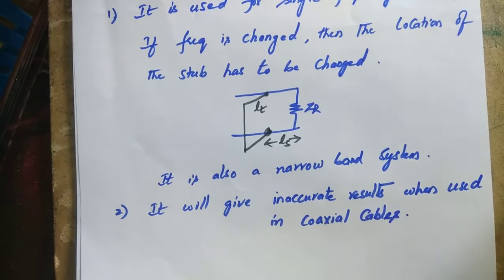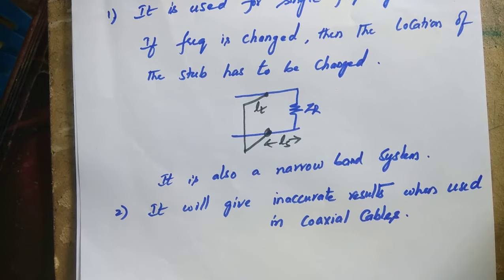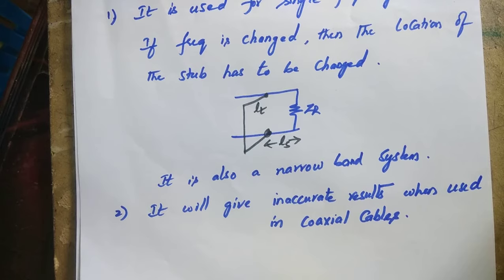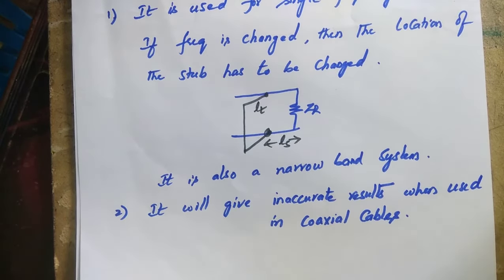This is another disadvantage of the single stub: for final adjustment, the stub has to be moved along the line slightly. This is possible only in open wire lines, and therefore on coaxial lines single stub matching may become inaccurate in practice, though it reduces the reflection losses to a considerable extent.